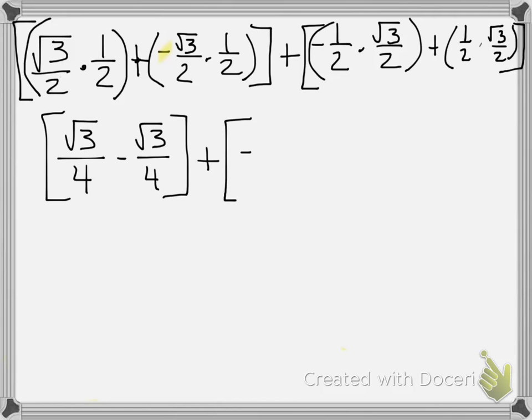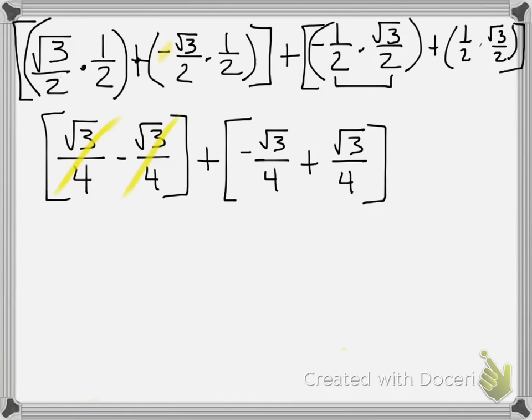We're going to have a negative square root of 3 over 4 from right here. It's going to be plus a square root of 3 over 4. And as you can see, those are going to cancel, and those are going to cancel. So actually, we're just going to be left with the big fat 0.